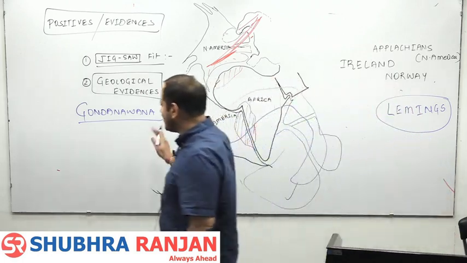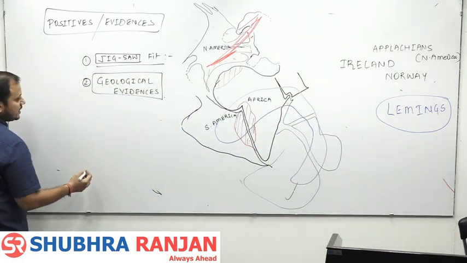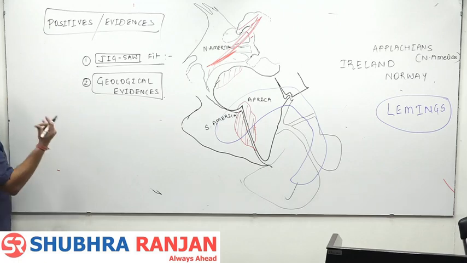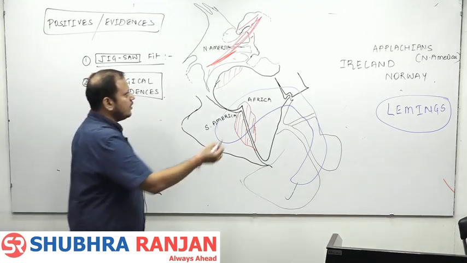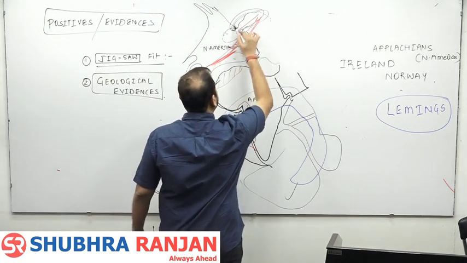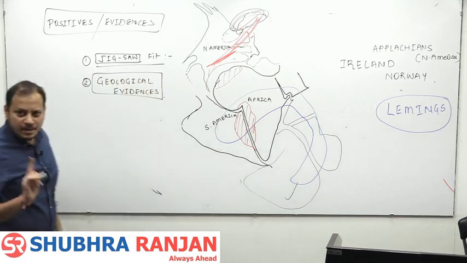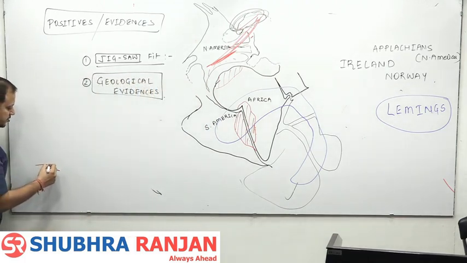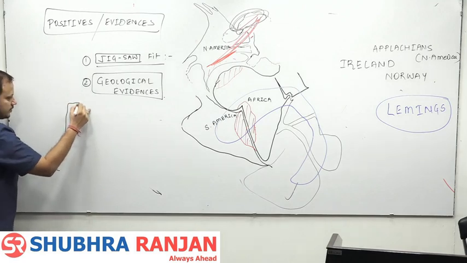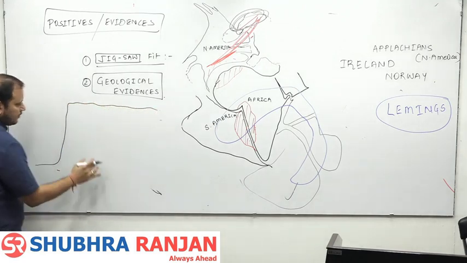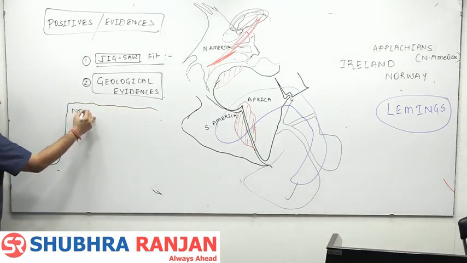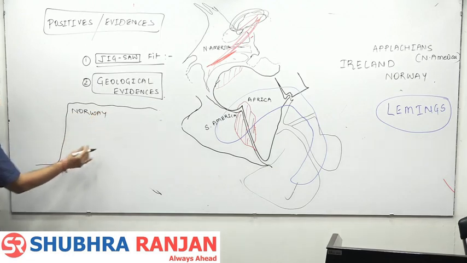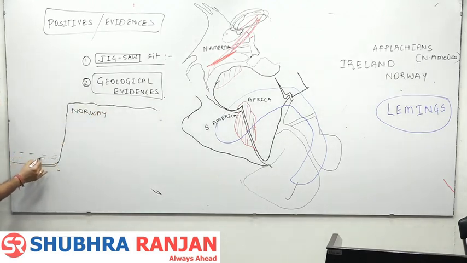Understand what lemmings are. Lemmings are very small rat-like animals of Scandinavia. Norway's coast is somewhat like this: Norway ends, suddenly there is a huge mountain and after that there is a sea.